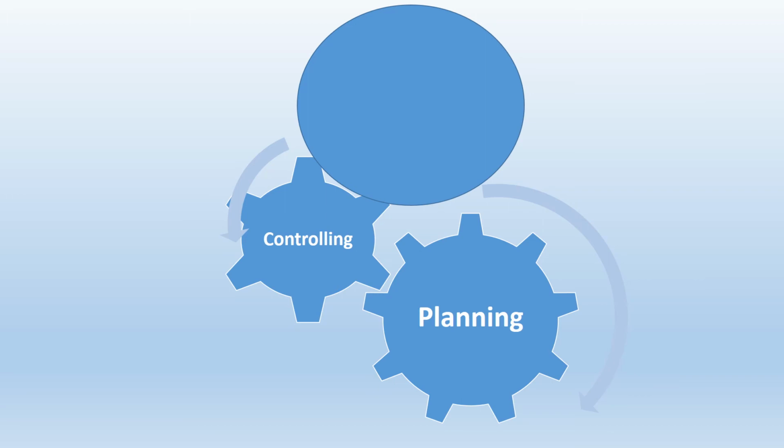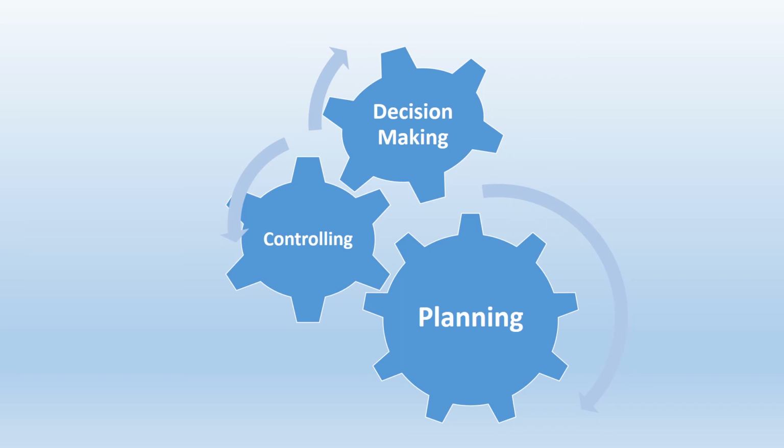As for the third function, which is decision making, the process of choosing among competing alternatives is decision making. This managerial function is intertwined with planning and controlling. A manager cannot plan without making decisions.